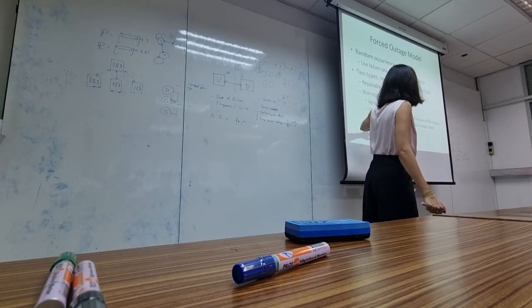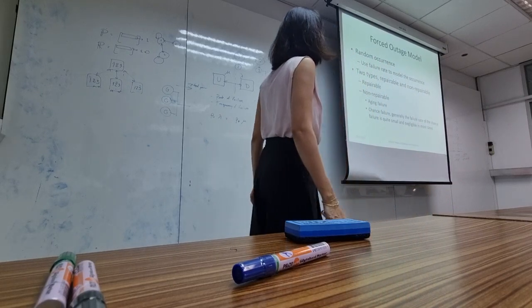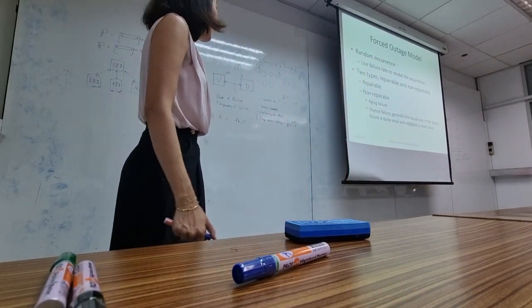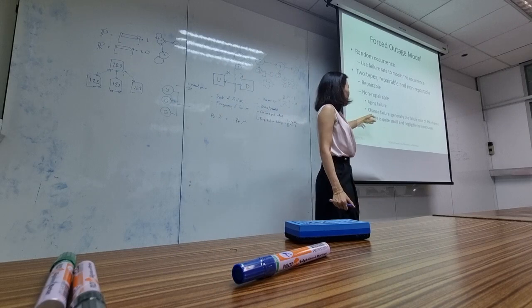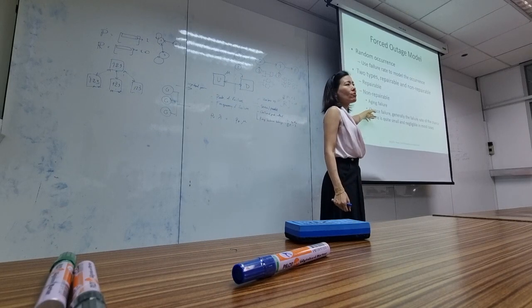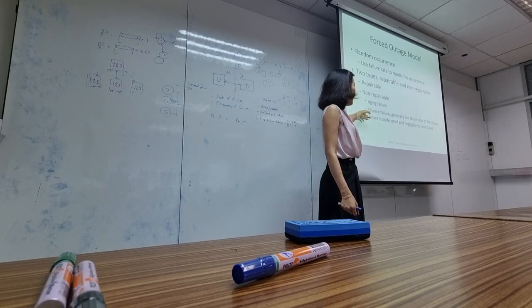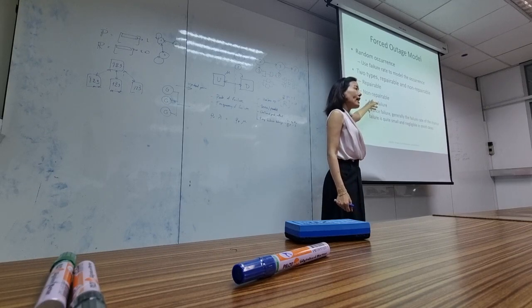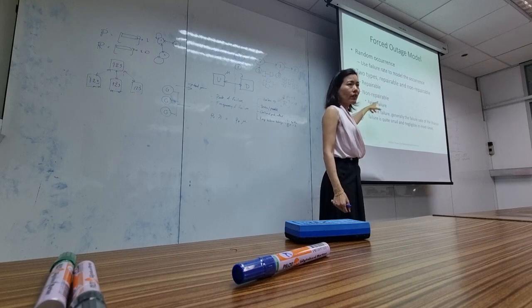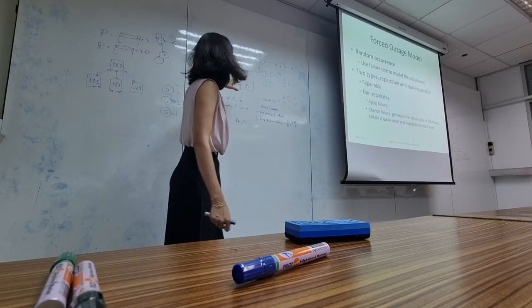This is a chance failure. Chance failure is quite similar to the random occurrence. And the thing is, when it comes to chance, you can't really fix it. For the non-repairable, if it's aging failure, you can try to fix, or you can try to make the device better.